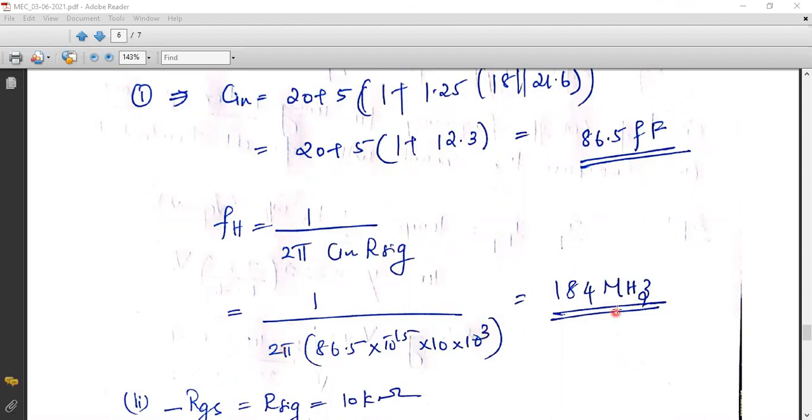Convert that hertz into megahertz by dividing it by 10 to the power 6 and see if you are getting 184 megahertz as the cutoff frequency by using this method of Miller equivalent. Are you getting Ramya Priya?